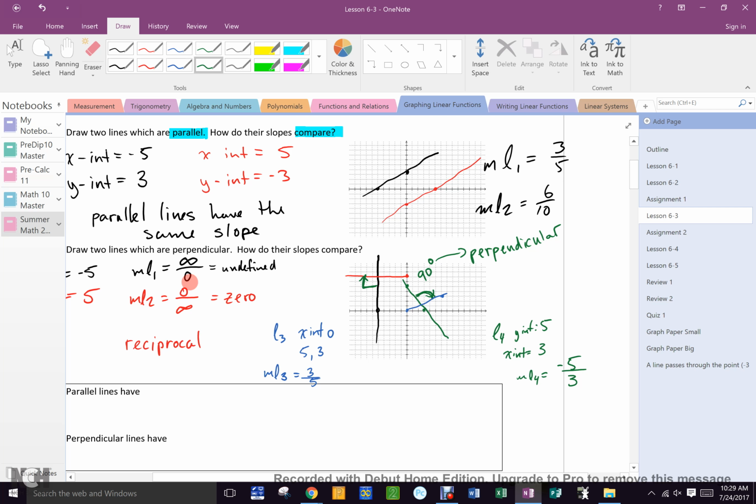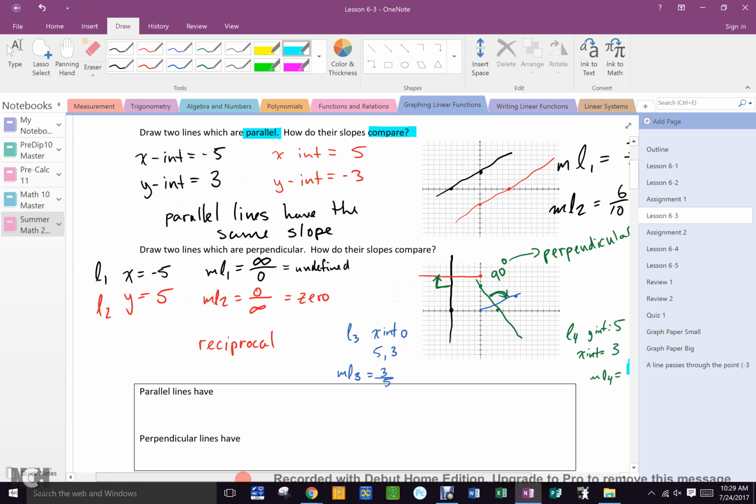So we now know if two lines meet at 90 degrees, their slopes are reciprocals, yes? Yeah? What else happens? Here's two lines meeting at 90 degrees. So we know their slopes have to be reciprocals, but also one slope has to be what? Negative. And this proves the point. Is everybody cool? All right.